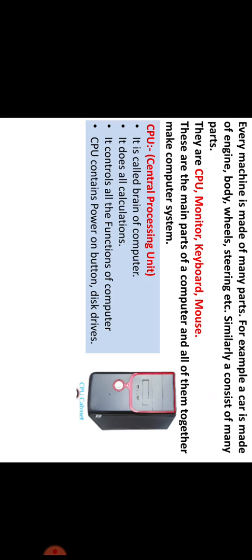Third point is CPU controls all the functions of computer. In the computer there are so many functions. So all these functions are controlled by the CPU. CPU contains power button and disk drives. Have you got it about the CPU?